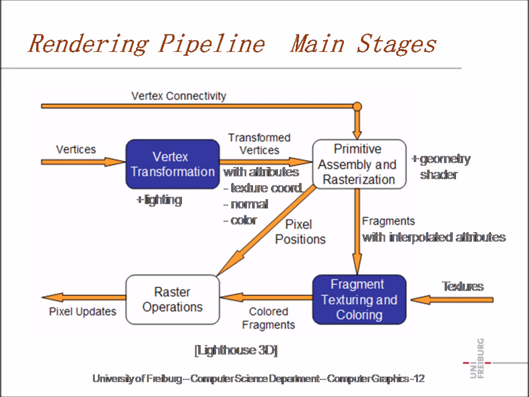Then interpolated fragments are given to fragment texturing and coloring. And finally, the raster operation is applied to convert all into pixels in order to display them on the screen of our various digital devices.